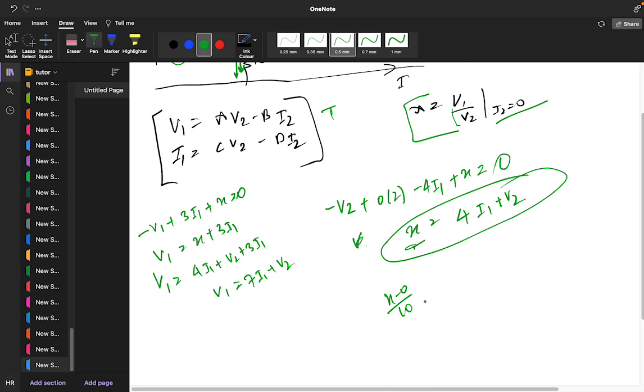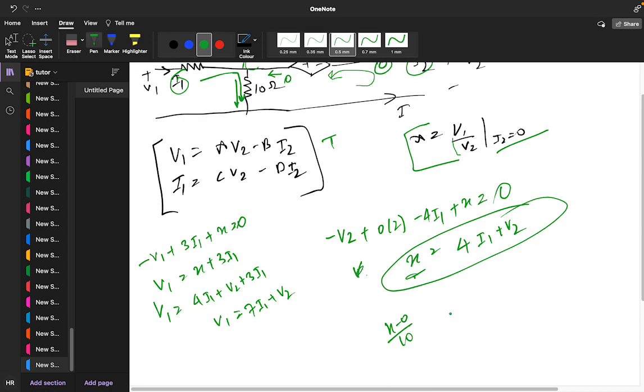If you substitute the value of X, 4I1 plus V2 divided by 10 is equal to I1 only. So 4I1 plus V2 is equal to 10I1. So V1 is equal to 6I1 and I1 is equal to V1 upon 6.